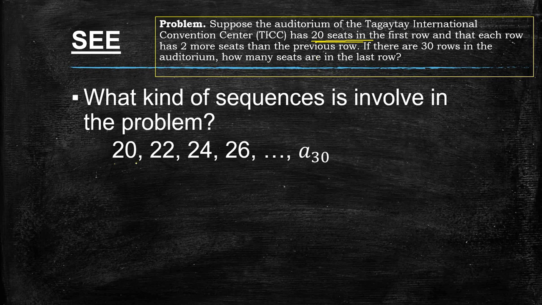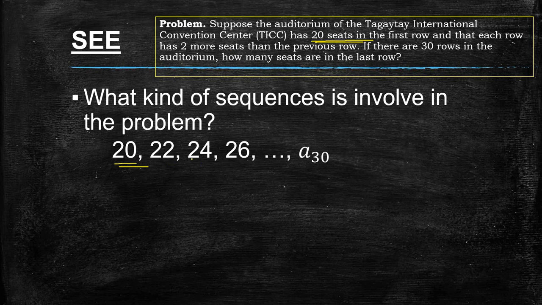And then, so that would be 20. And then, each row has 2 more seats than the previous row. Ibig sabihin, from the previous row, meron siyang more than 2, no? Has 2 more seats than the previous row. Ibig sabihin, mas marami ng dalawa mula doon sa previous row.